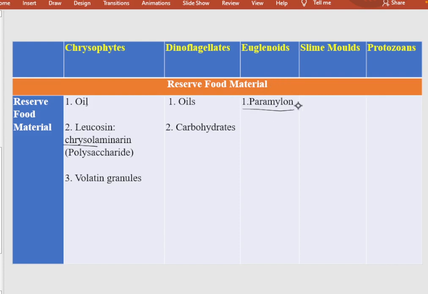Only remember one thing, Euglena has paramylon. Where is pyrenoid? Dinoflagellates. Where is paramylon? Euglenoids. In very old previous year questions, maybe you will find such questions, but not necessary.